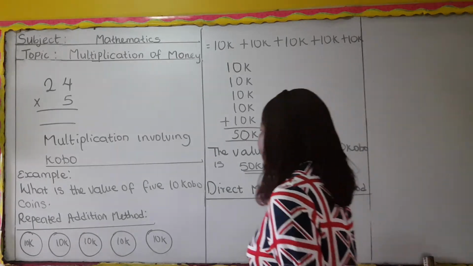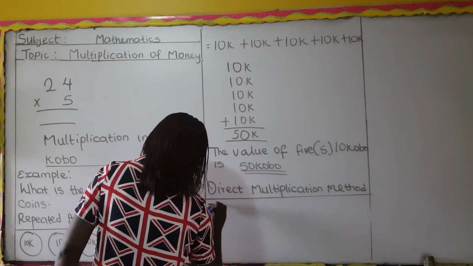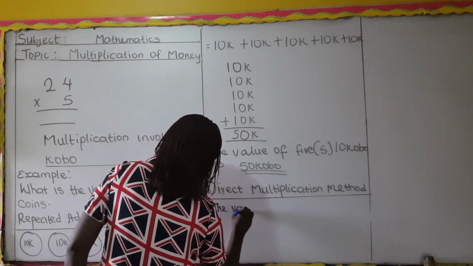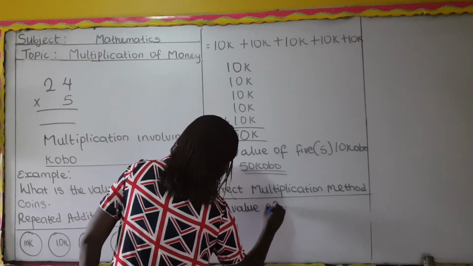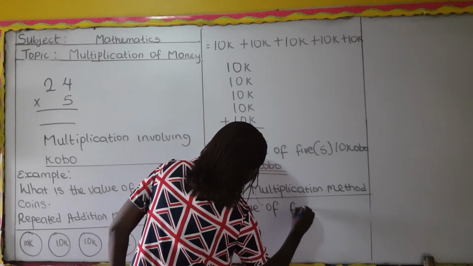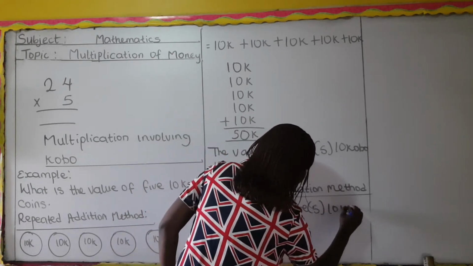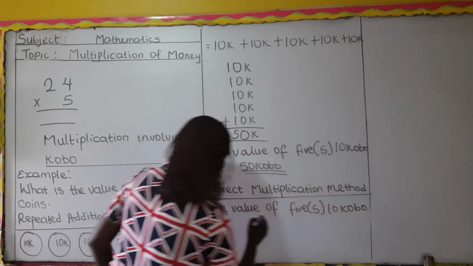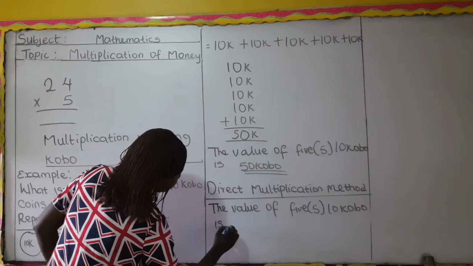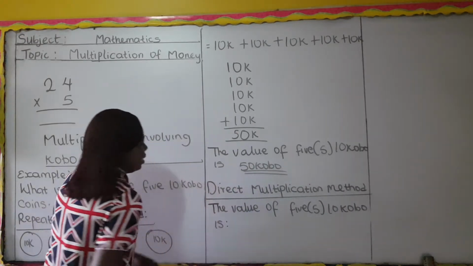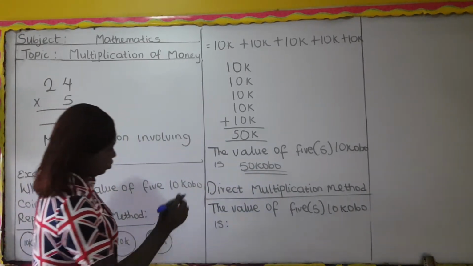Here you say the value of 5 10 kobo coins is, now this is what you do.